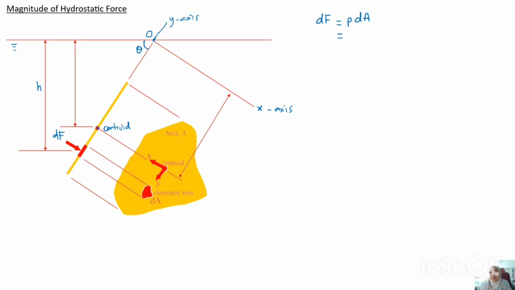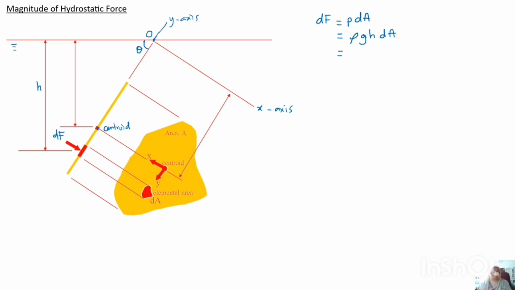Force equals pressure times area. Pressure, as we know, is rho g h. Rho is the density of the fluid, g is the gravitational acceleration, and h is the vertical height from the water surface to the line of action of the force.